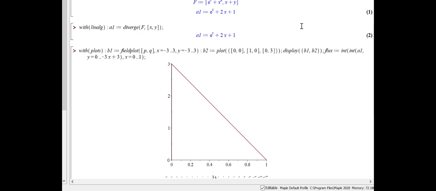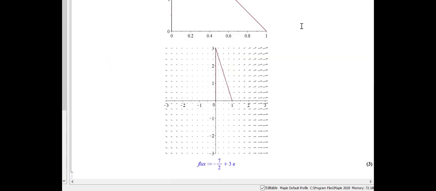Now if we run, we will get the flux is equal to minus 7 over 3 plus 3e, which is the same answer as when we calculated by hand.